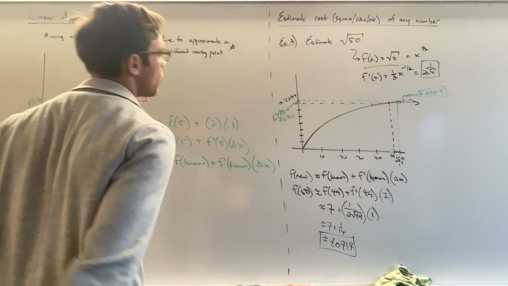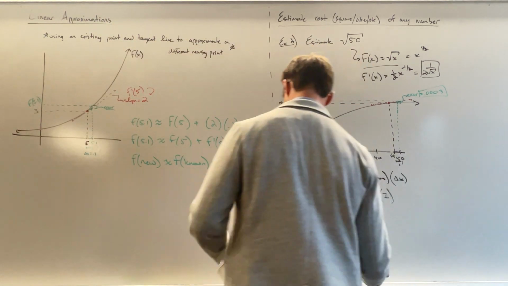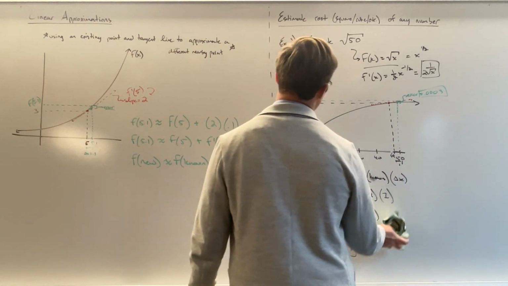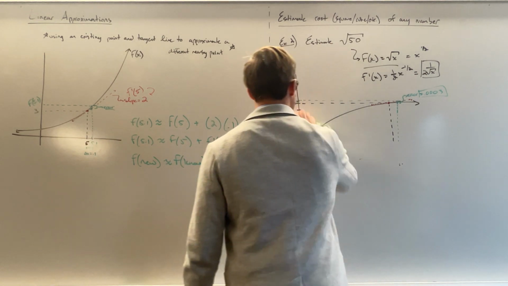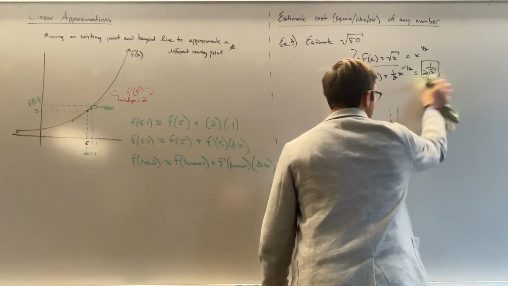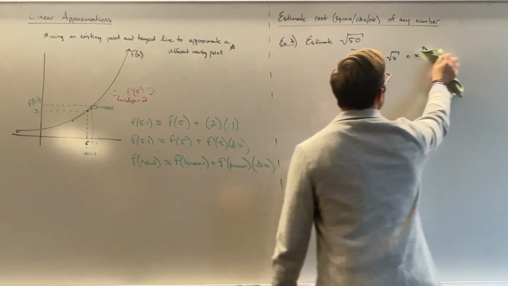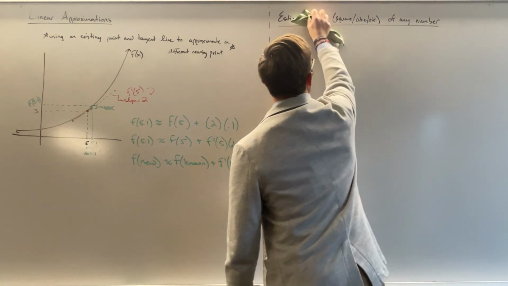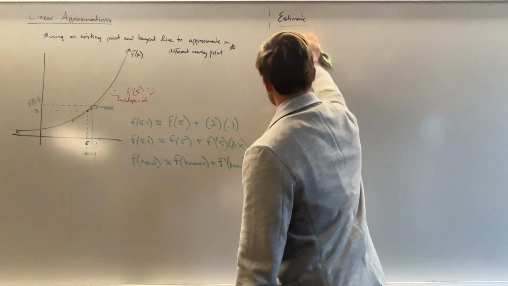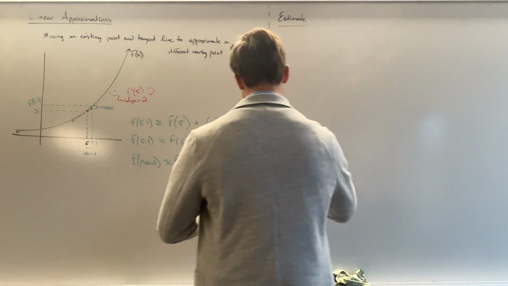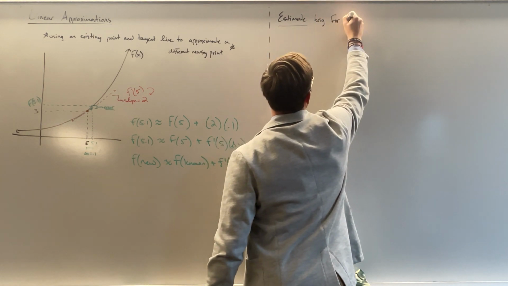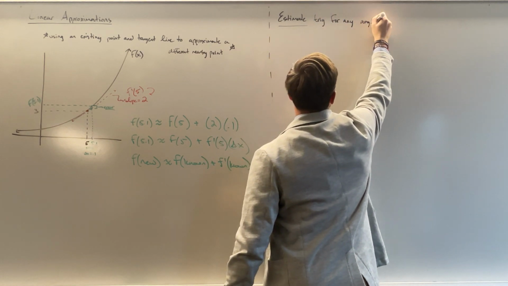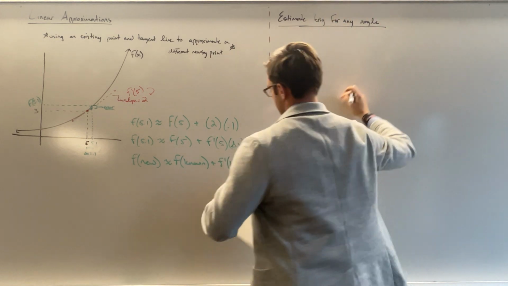So we did estimating the root of any number, and now we can estimate the value for trig for any number. So here we're going to estimate trig for any angle. All right, cool. So let's do an example.